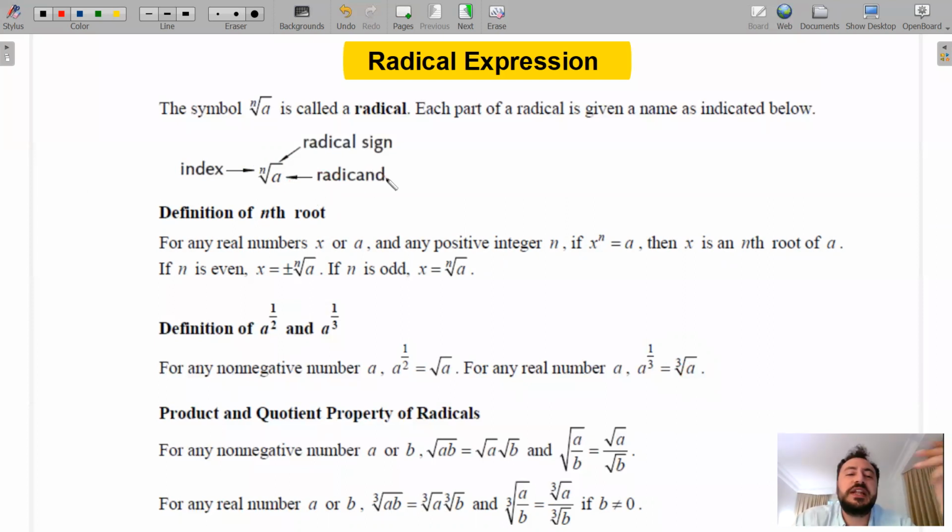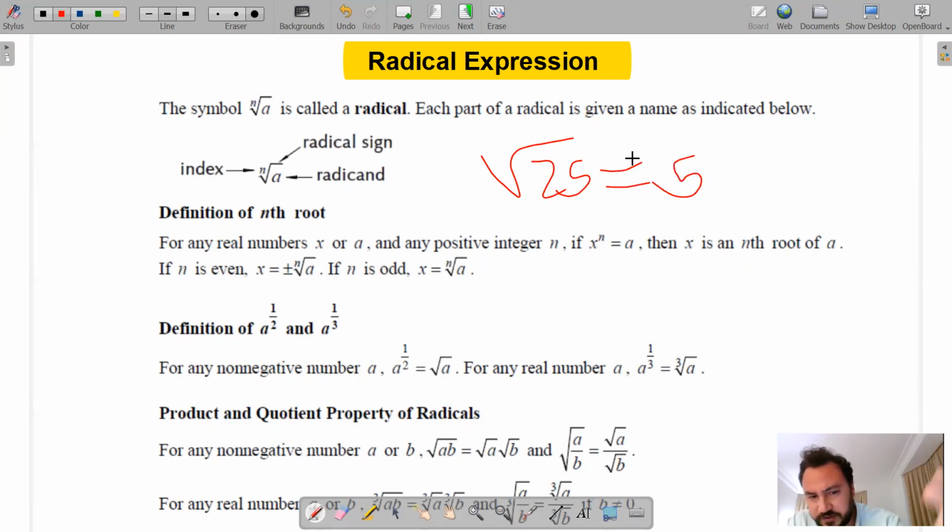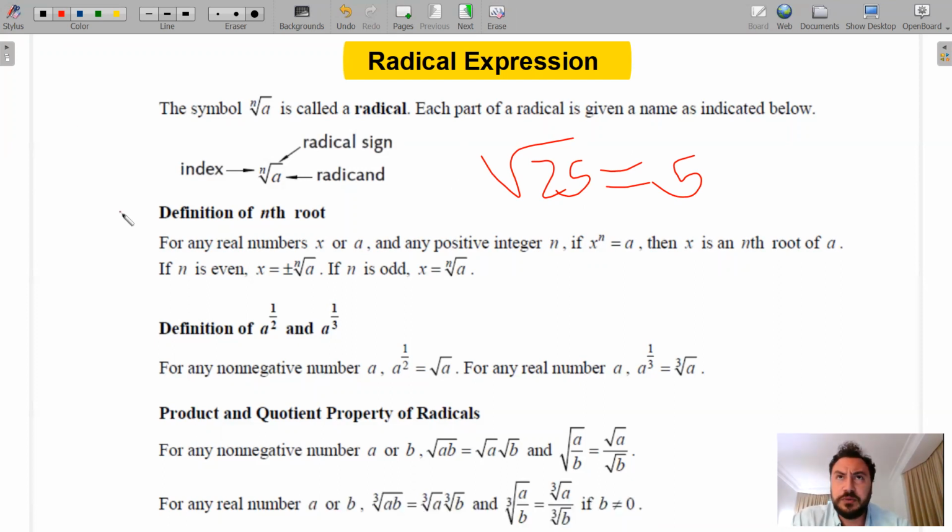The radicand is the number that will be reduced, divided not by itself, but by the factor. So for example, if we have the square root of 25, we know that the result will be just equal to 5.